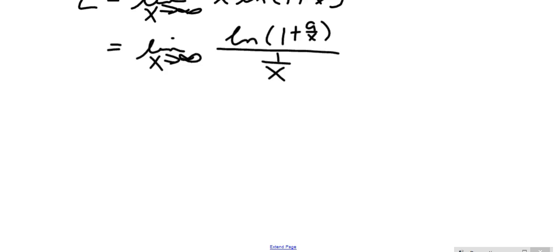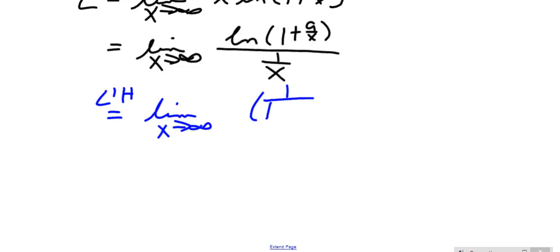So I'm going to apply L'Hopital's. For my numerator, I should have 1 over 1 plus a over x. Using the chain rule, I now have it multiplying negative a over x squared, because this is not just x, and we're going to apply the chain rule.